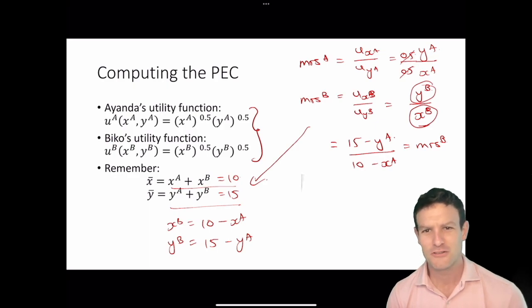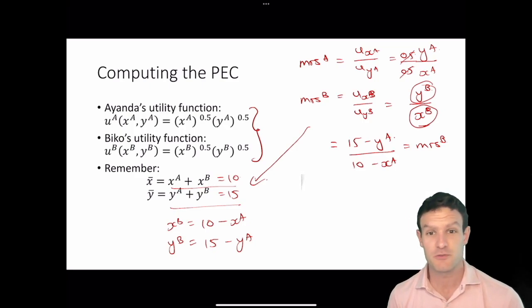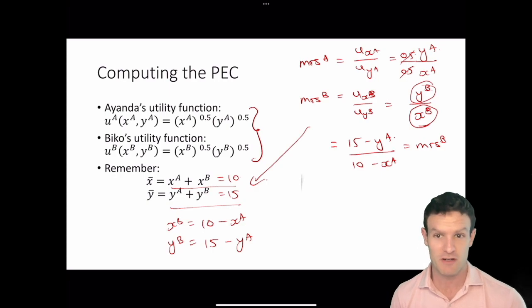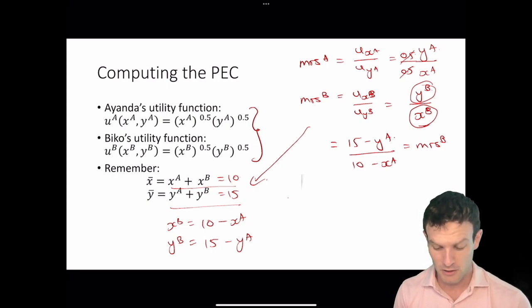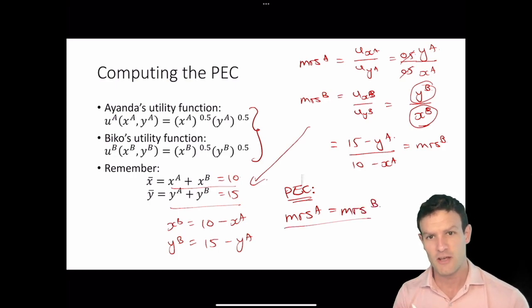Okay, so I'm telling you this now because we're going to have to find an equation where we set the marginal rate of substitution for A equal to the marginal rate of substitution for B. Remember, along the Pareto-efficient curve, what do we require? We require that A's marginal rate of substitution equal B's marginal rate of substitution. Okay, so let's do that on the next slide.